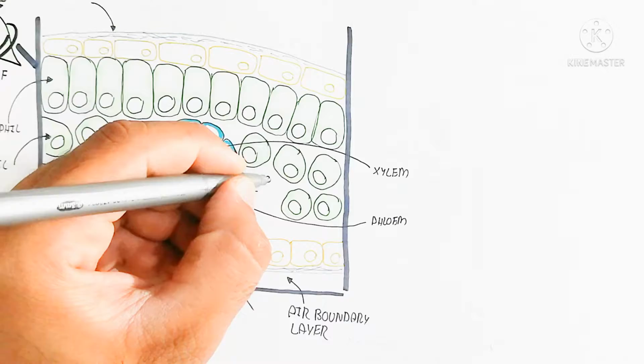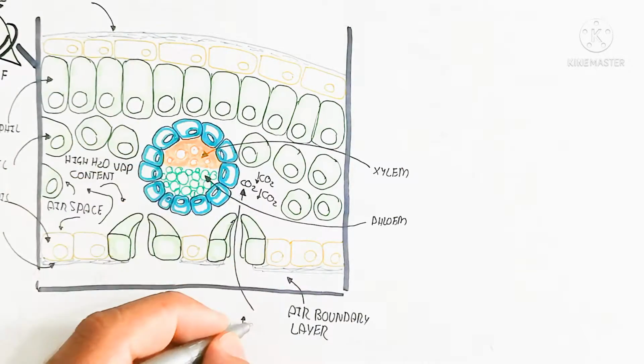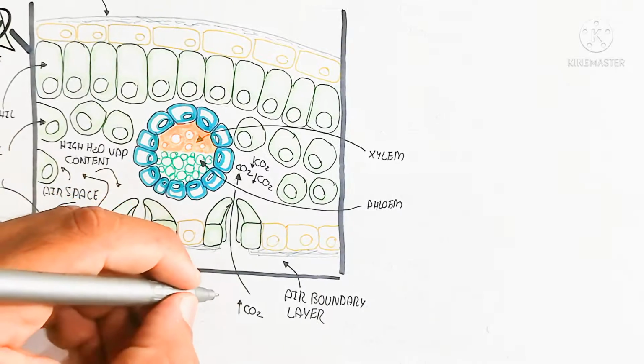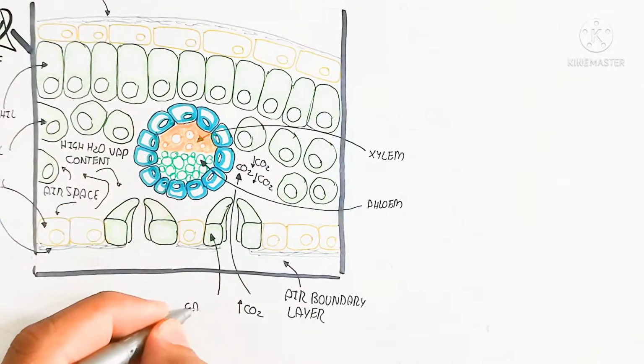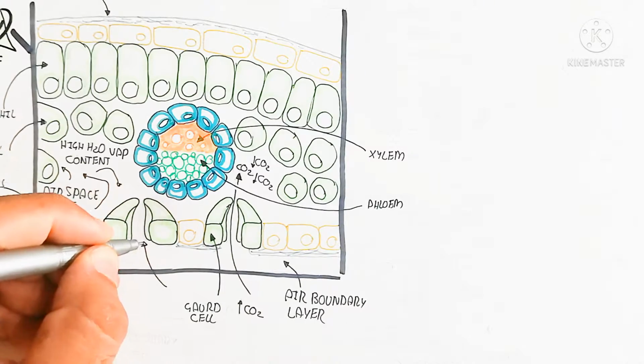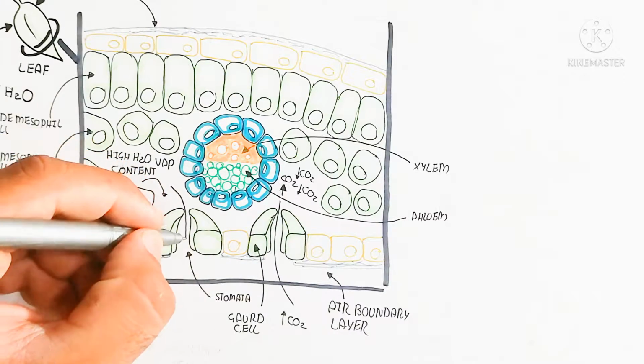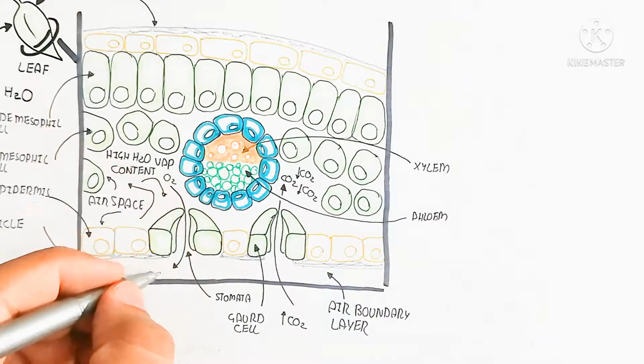So the carbon dioxide will move inside by diffusion, because carbon dioxide is higher in the environment compared to the inside of the leaf, and it will move through the guard cell and the stomata when the guard cell opens. So this is the stomata.